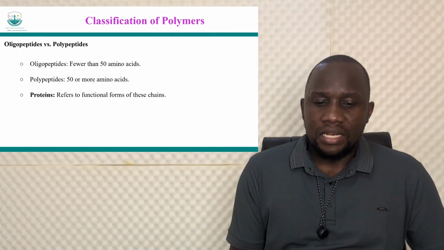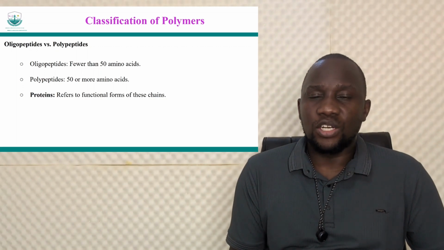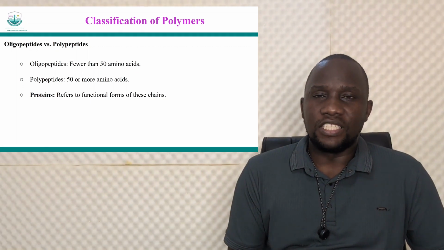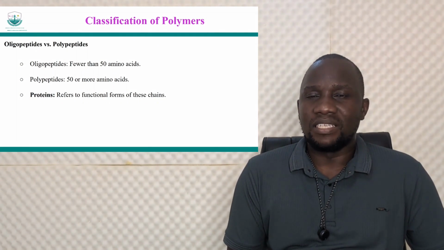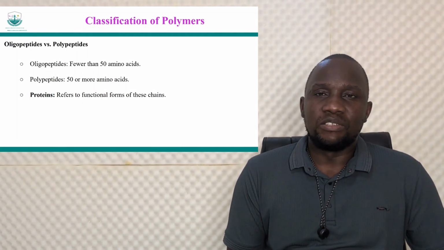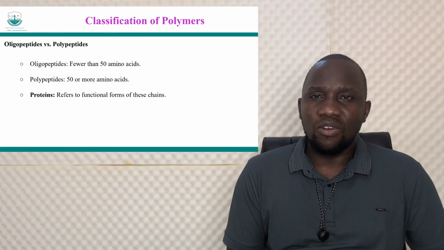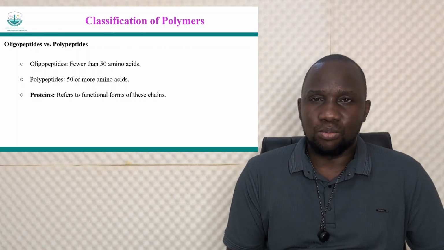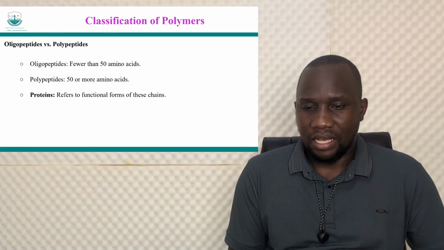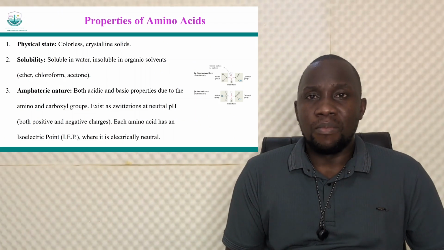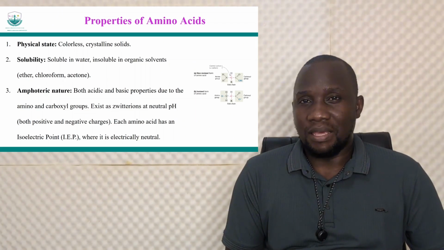And proteins refer to the functional forms of these chains. If it is an enzyme, that is a globular protein. If it is, for example, hemoglobin, that is the protein for transporting gases and things like that. They have different properties because they are not the same.